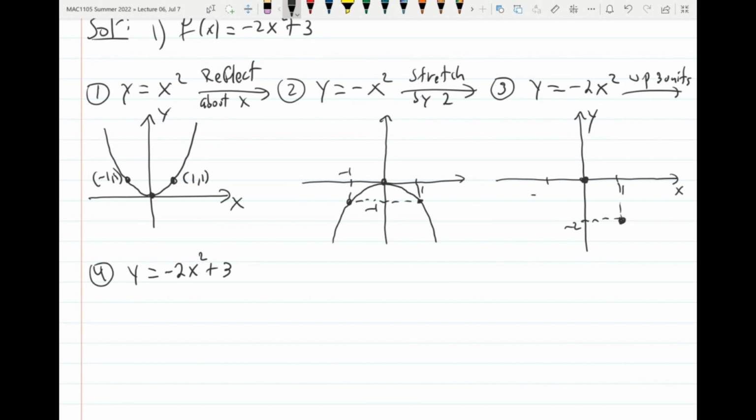Same thing for the other. Okay. So we pull it down by a factor of 2, and now we need to take this picture and shift it up 3 units.